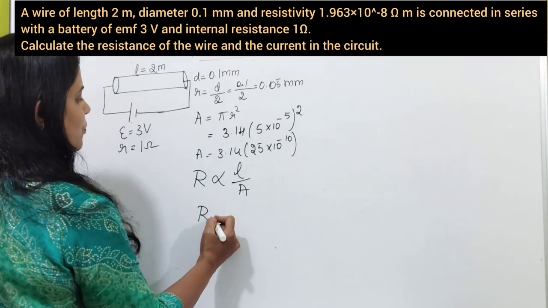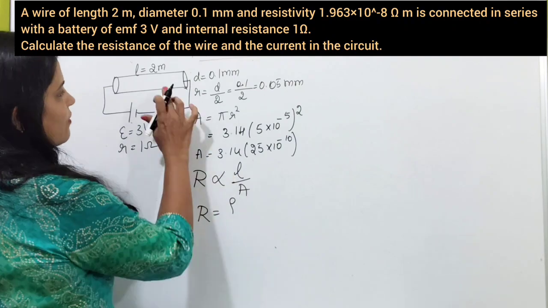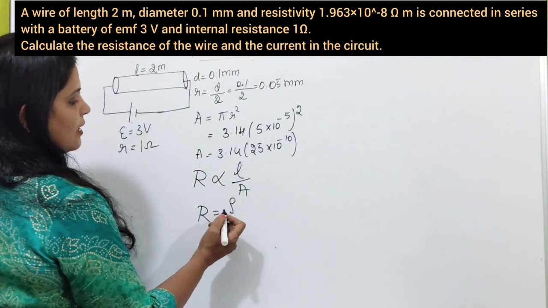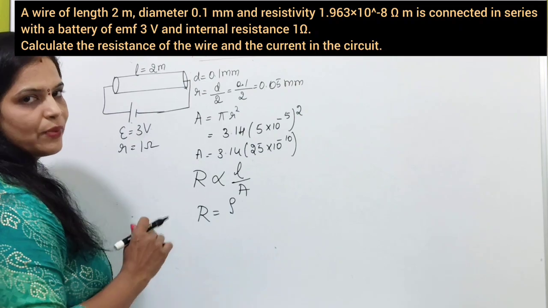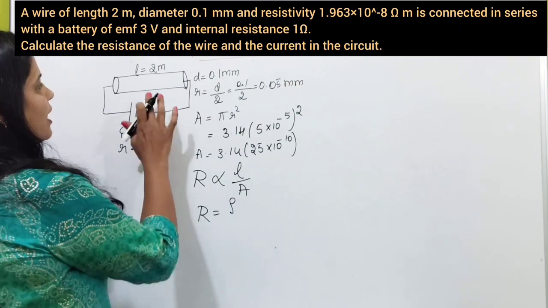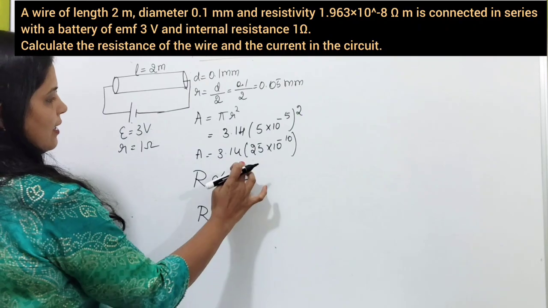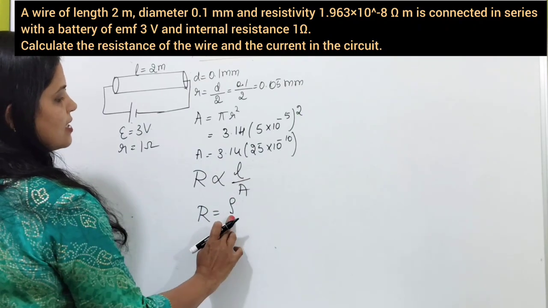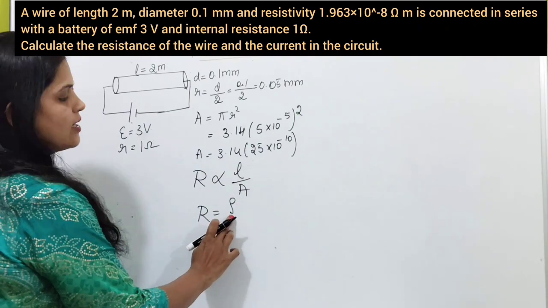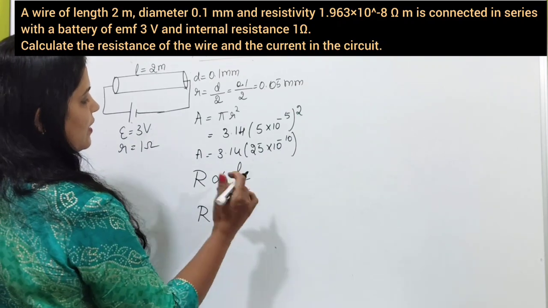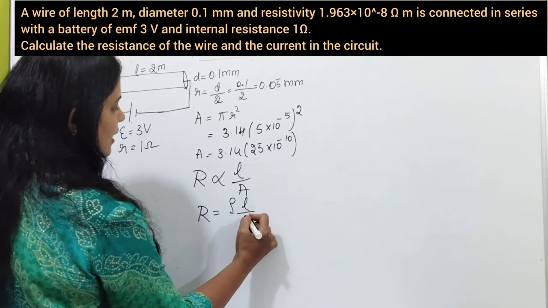If I remove this proportionality, there is a constant for this material, which is called resistivity or specific resistance. Whatever be the size and shape of this wire, length and area, even if it changes, resistivity does not change. It is constant for a given material. So this is resistivity into L by A.